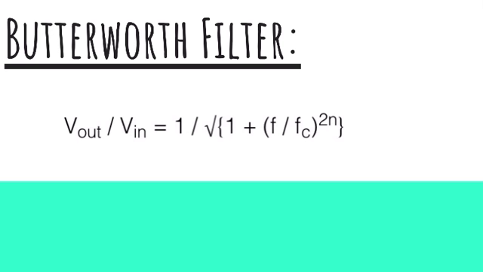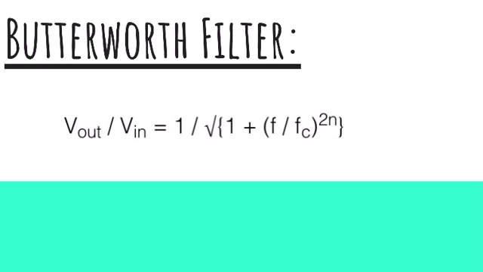The response of the passband must have maximum flatness, there must be a slow transition from passband to the stop band, and the filter must be able to pass signals without any distortion within the passband. So these three points are very important for any Butterworth filter.